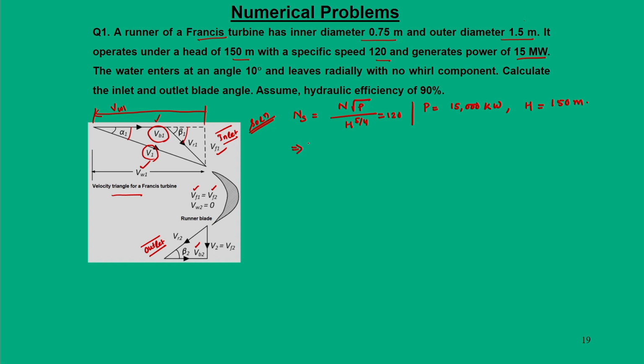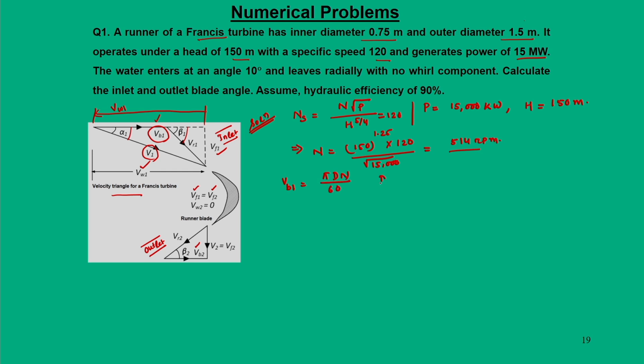So, inserting this number, we can get N is equal to 150 to the power 1.25 into 120 divided by square root of 15,000. So, this number is 514 RPM. So, once we have this 514 RPM, we have VB1 is nothing but pi D N by 60.